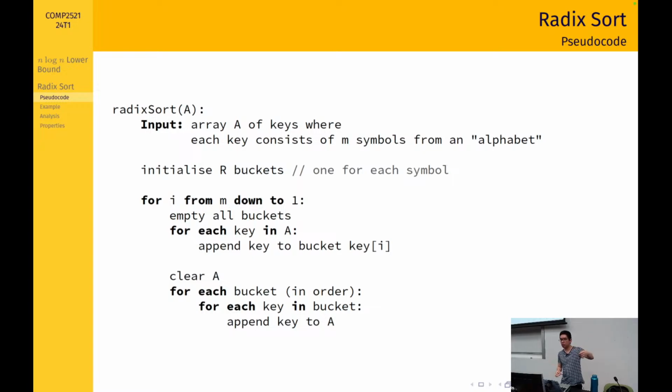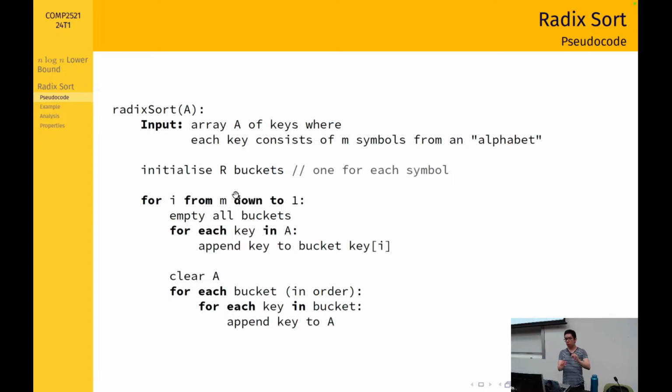The idea behind these buckets is that adding anything to a bucket will take a constant amount of time, O(1) time. And now the radix sort is going to loop from m down to 1, where m is the length of the keys. So we're starting with m because we want to sort by the last character first, the last symbol.